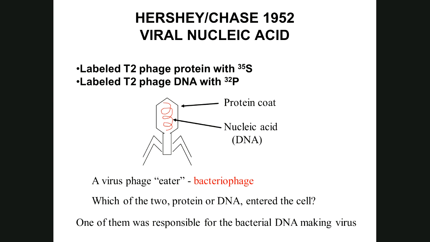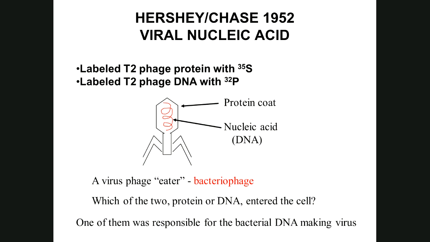And what they did is they labeled the T2 phage. Phages are viruses which will infect bacteria. So they labeled the T2 phage protein, the outside protein coat, with an isotope of sulfur. And they labeled the T2 phage DNA with an isotope of phosphorus.